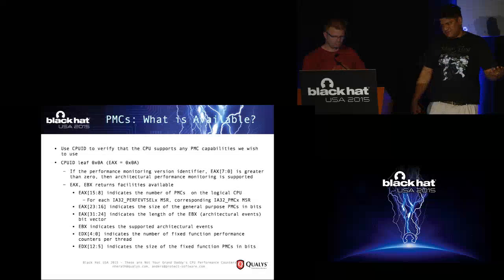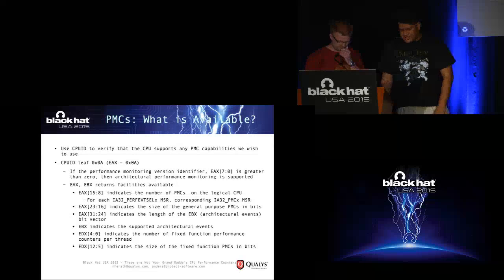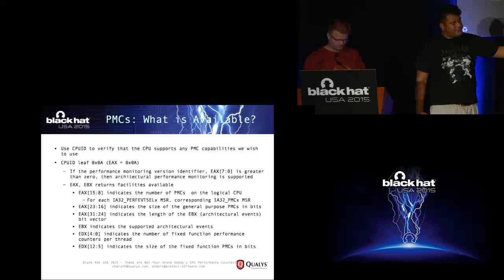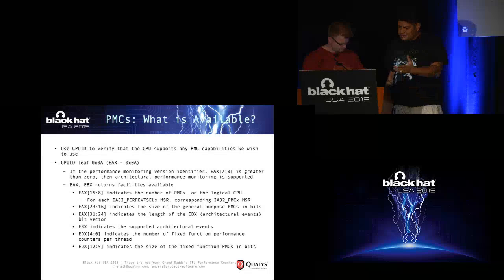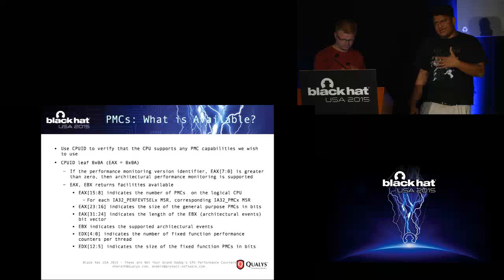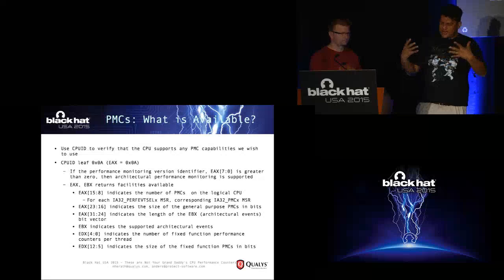So this is leaf 0xA, and this is the basic information that it returns in terms of all the different things related to performance monitoring. And again, you can have a look at the manual, and it'll give you a clear idea of what information you can get, how you can get it, how you can determine which events are supported, and how you can use it.